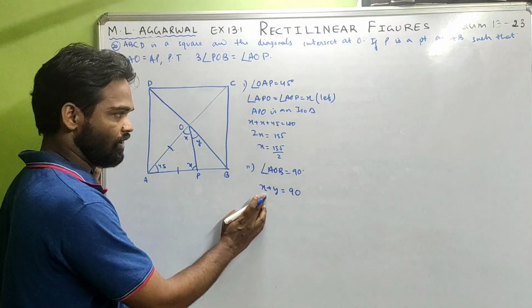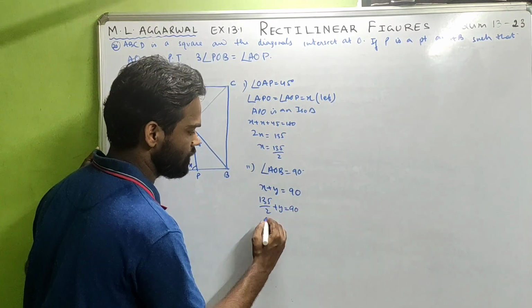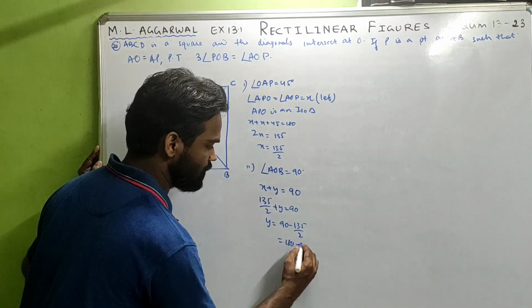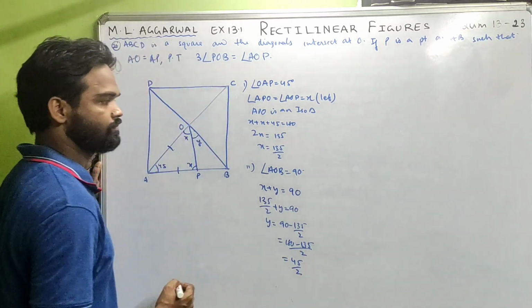We know the value of X. So 135 by 2 plus Y equals 90 degrees, which is Y equals 90 minus 135 by 2, which is 180 minus 135 by 2, which is 45 by 2.